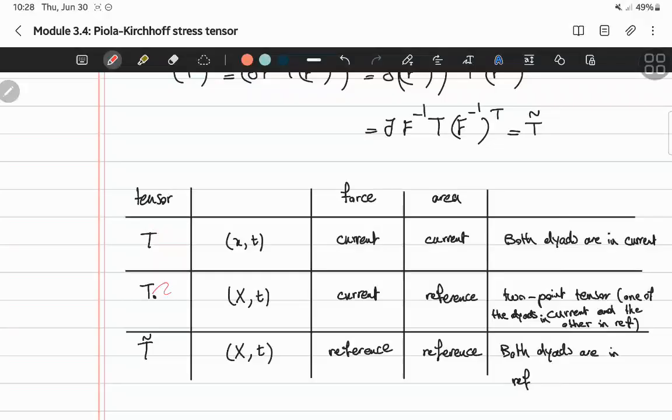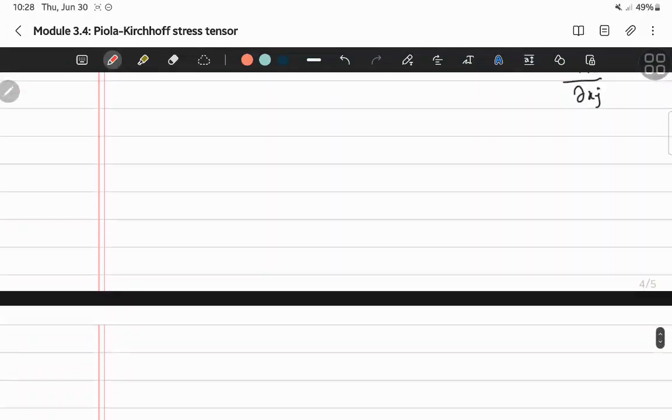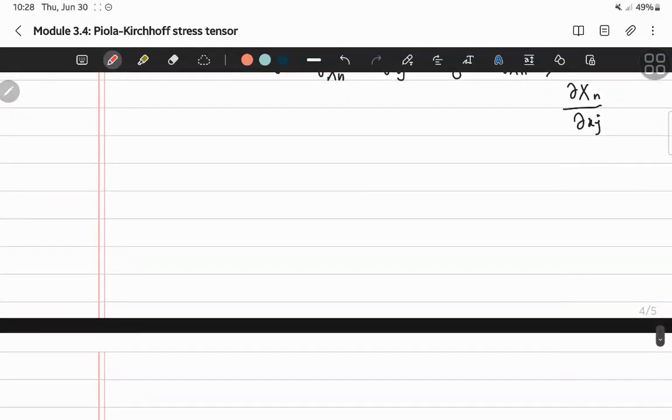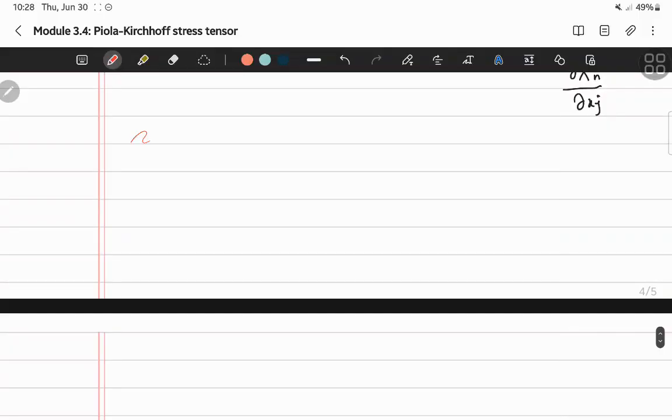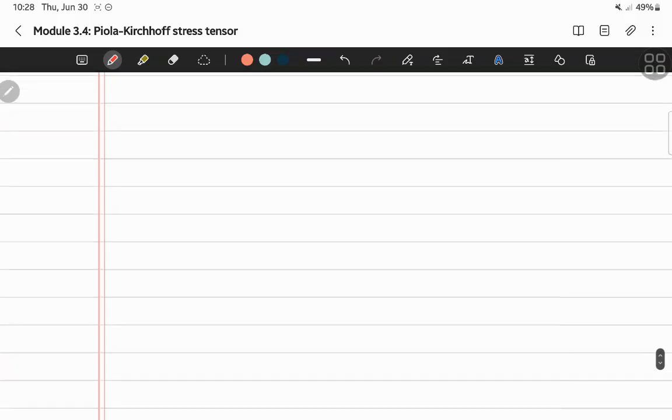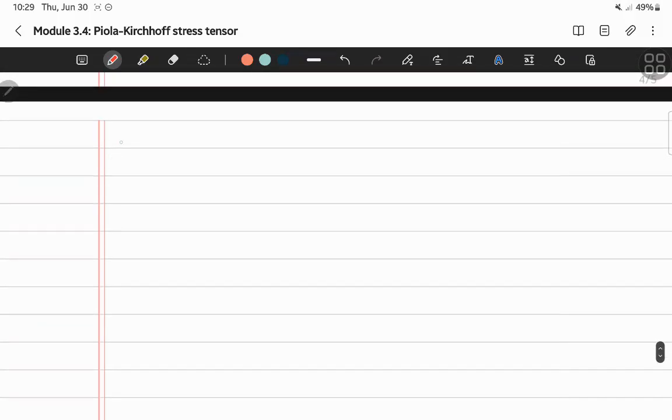Now let's find it in terms of the first Piola-Kirchhoff stress tensor. So equation of motion, so maybe new page.